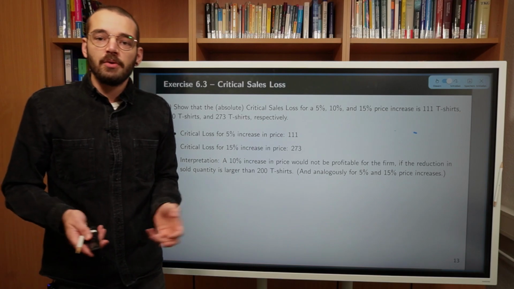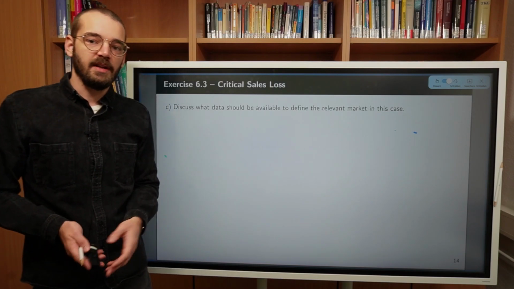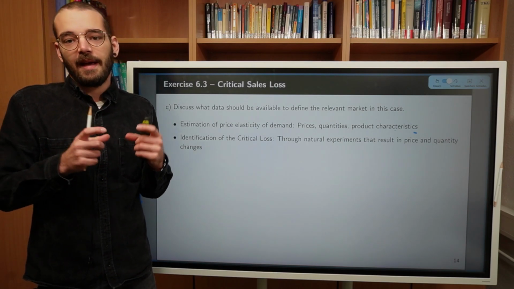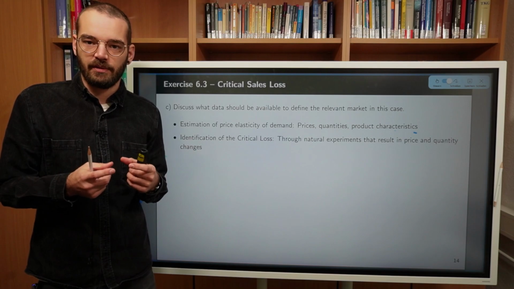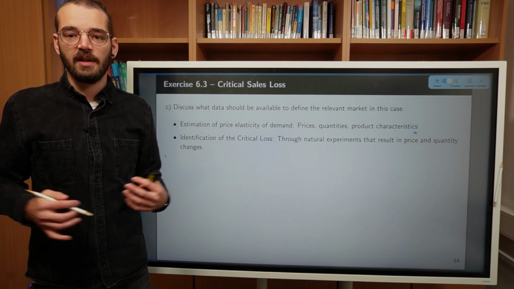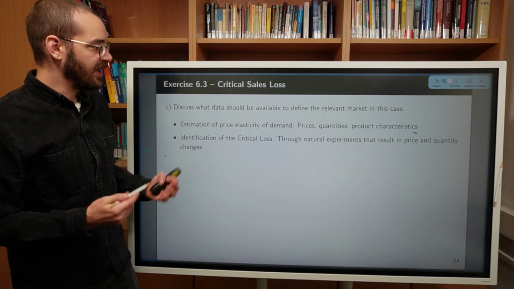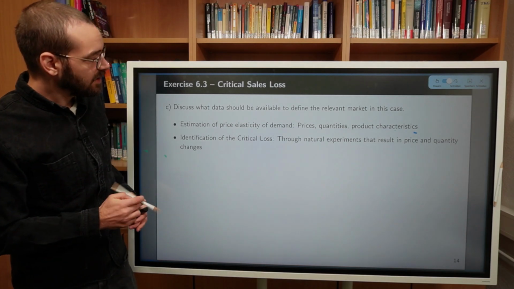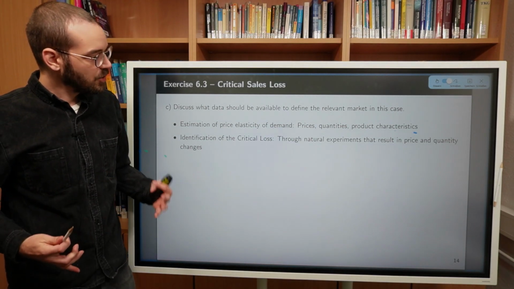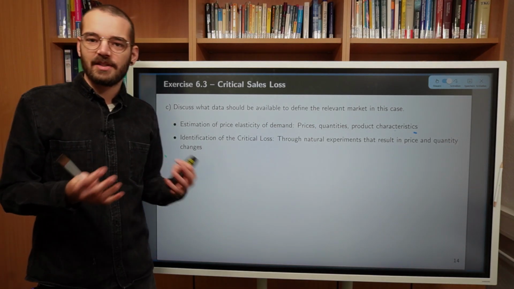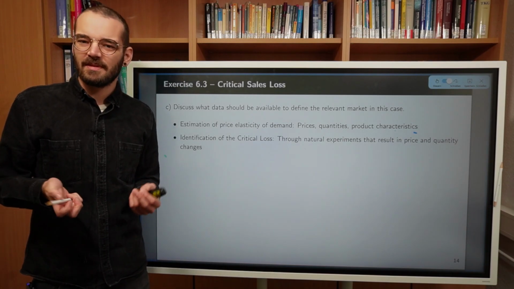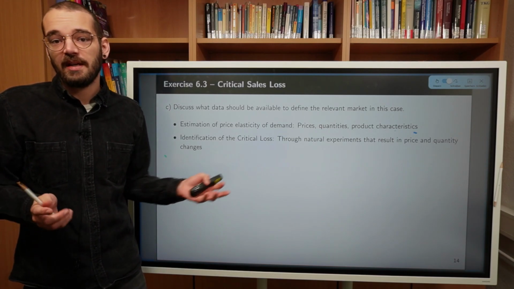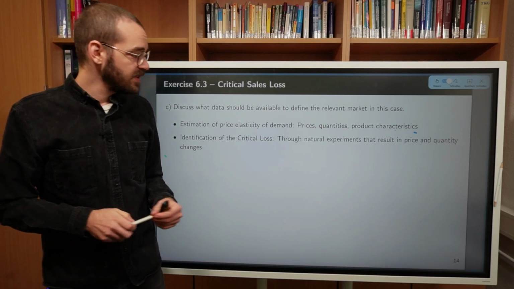So we do not need to know the precise demand function, but we need to know at least 2 points on the demand function, of course, because these 2 points will then be used in a comparison to see if the actual loss is smaller or larger than the critical loss. Okay, so we still need price and quantity combinations, but in this case, strictly speaking, 2 points would suffice in order to make a statement, at least when it comes to this specific price change that defines these 2 points.